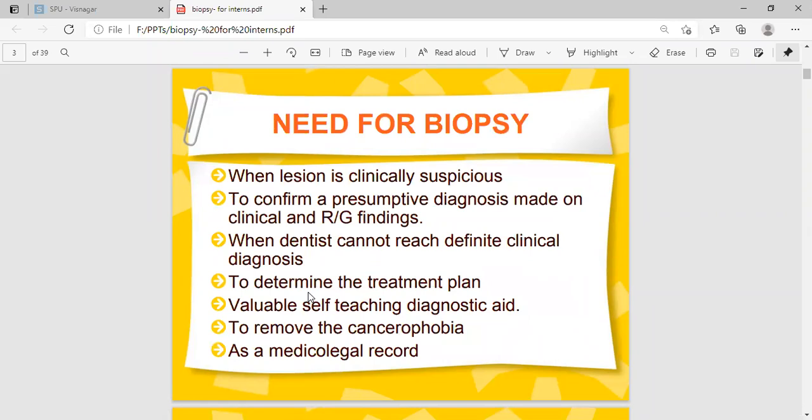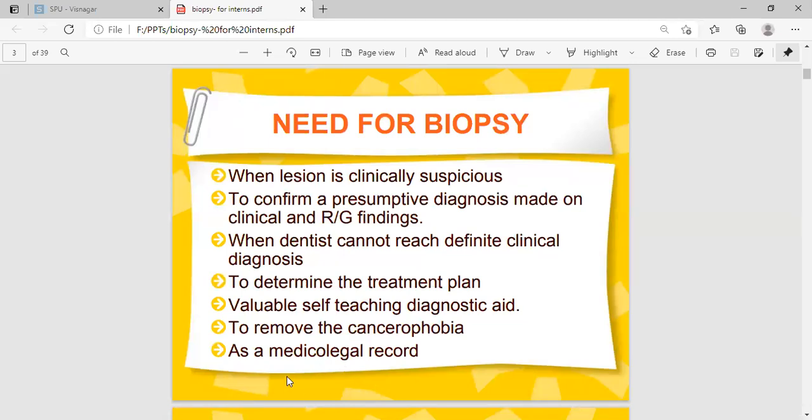The need for a biopsy is when the lesion is clinically suspicious. So we are suspecting some malignant lesion, benign lesion, or there is confusion whether it is malignant or benign, or it may not be a pathological condition. It is also needed to confirm the presumptive diagnosis made on clinical and radiological findings.